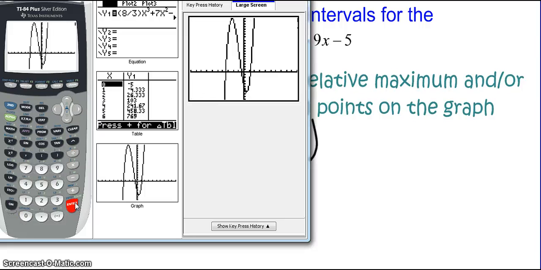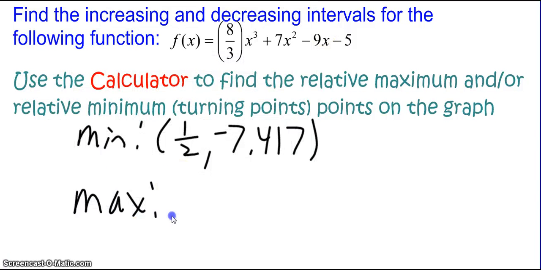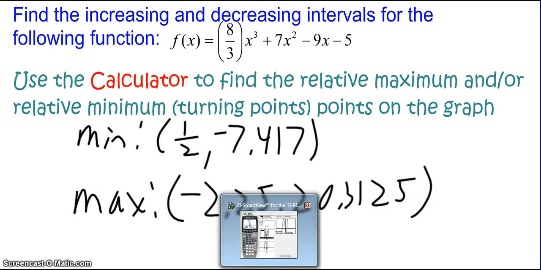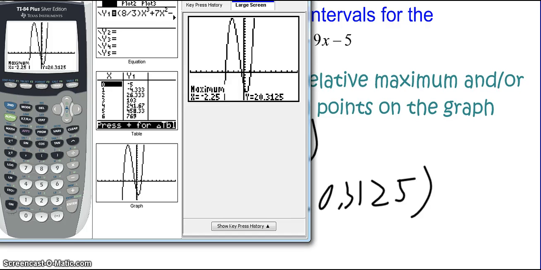The guess doesn't matter. I hit enter, I get -2.25 and 20.3125.